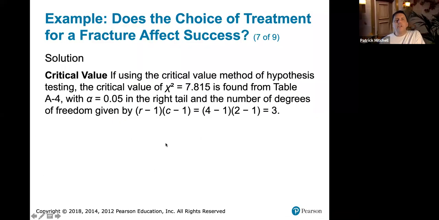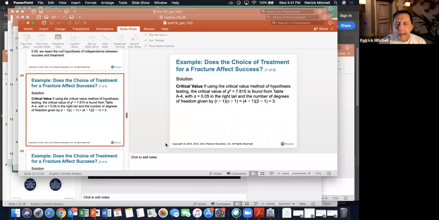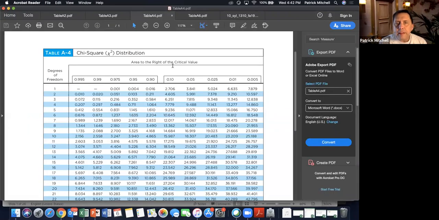Okay, so using the critical value approach, if the critical value method of hypothesis testing is used, the critical value is chi-square equals 7.815. Let's look at that real quick. So we want the area to the right of the critical value to be 0.05. Going down to the 3 degrees of freedom row, you see this 7.815. Okay.